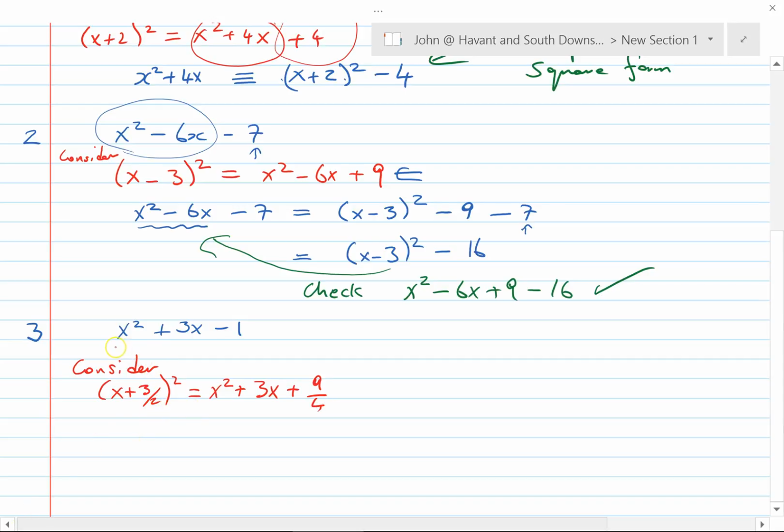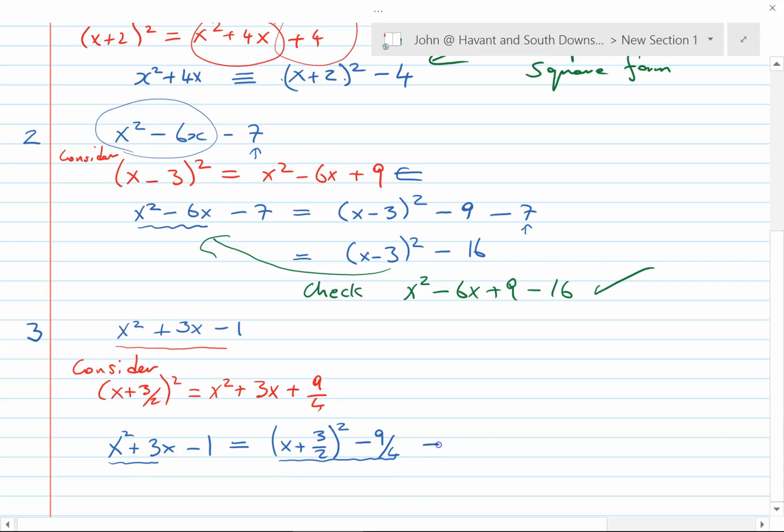So then, when we're looking at this expression that we want to complete the square, we have x squared plus 3x minus 1 equals x plus 3 over 2 squared minus 9 over 4. That's basically replacing that with that.